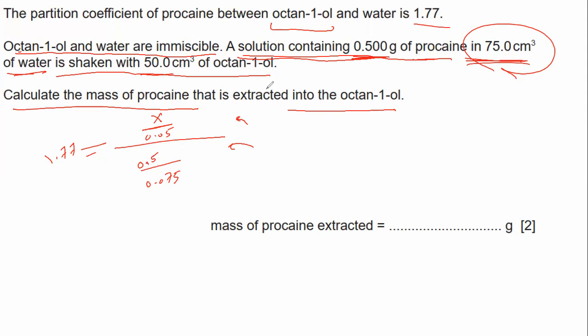We shake the water with octan-1-ol, so some of the mass goes to octan-1-ol. We say that the mass in octan-1-ol is X. So the original mass that was in water minus X is the amount that remains in water. This is the correct way to express the concentrations. I hope you get the idea.